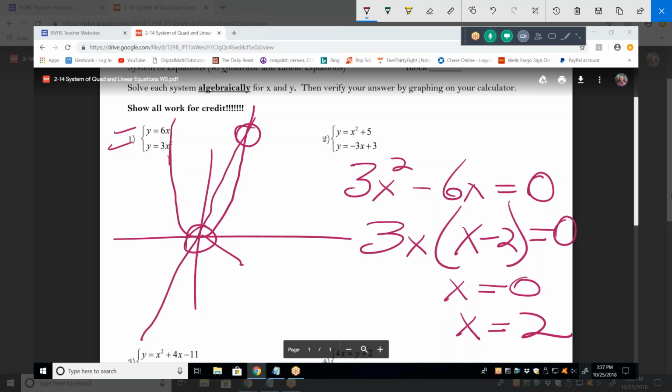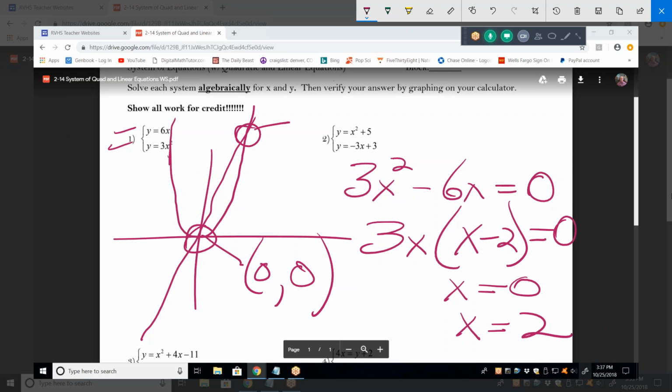Okay, well, there's the x equals 0. When x equals 0, use either equation and tell me what y is. In other words, y equals 6x. So when x equals 0, what is y? 0.